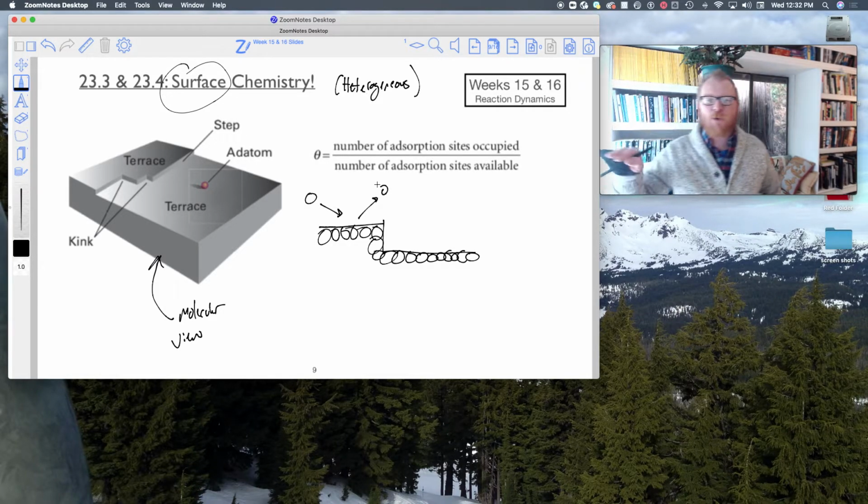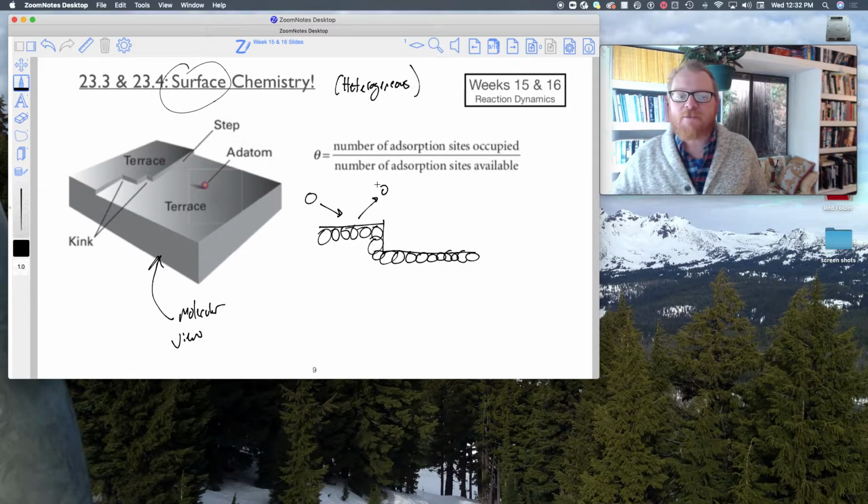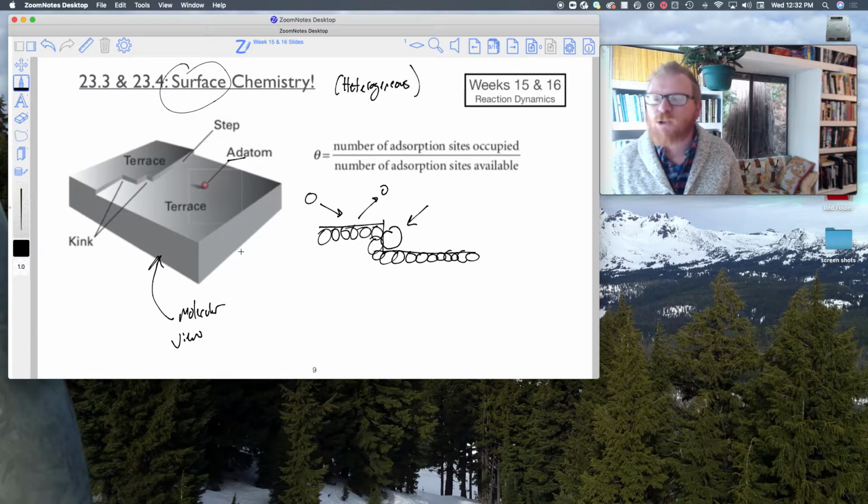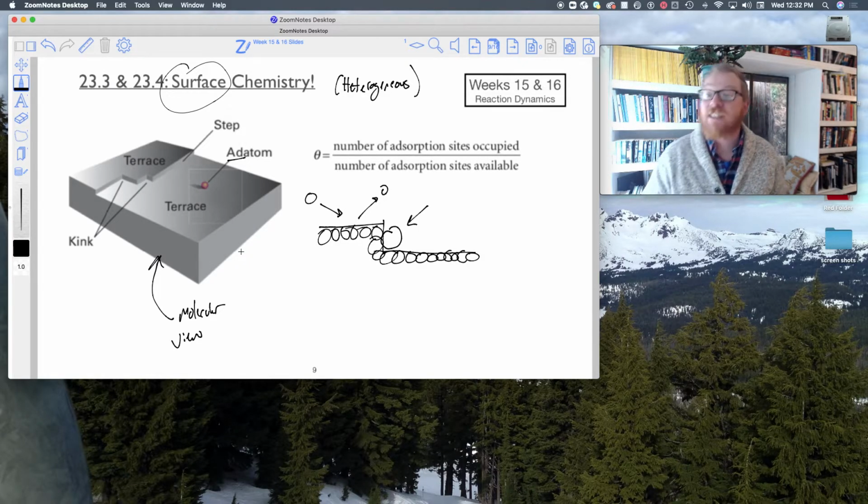Okay, so typically an atom or a molecule will not have much interaction with a terrace. It's atomically smooth. These defects, or I should say, lack of defects, usually render it inert. However, these steps and kinks are great places to stick what we call an add atom. So an atom that has adsorbed. So add equals adsorbed, not absorbed. It's tempting, oh, I did it again. I can't talk and write at the same time.